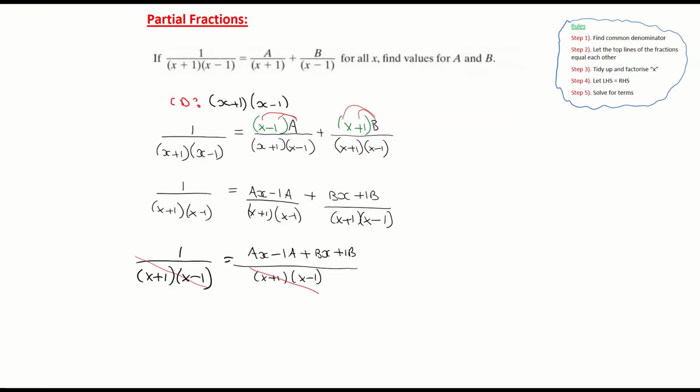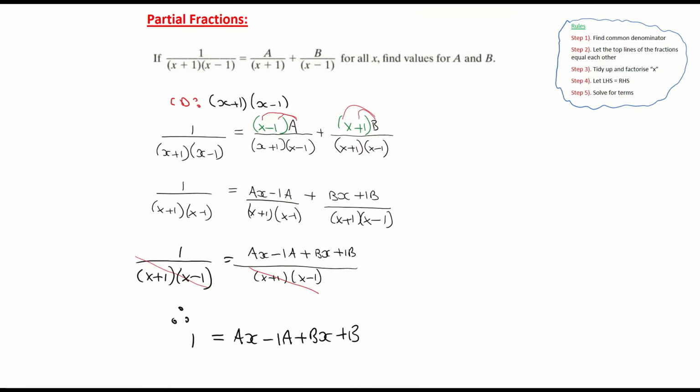X plus 1 times x minus 1 is equal to x plus 1, x minus 1. So I'm basically just cancelling out the denominators. I'm forgetting about it for how I'm going to solve my fractions. So therefore, 1 is equal to ax minus 1a plus bx plus 1b.